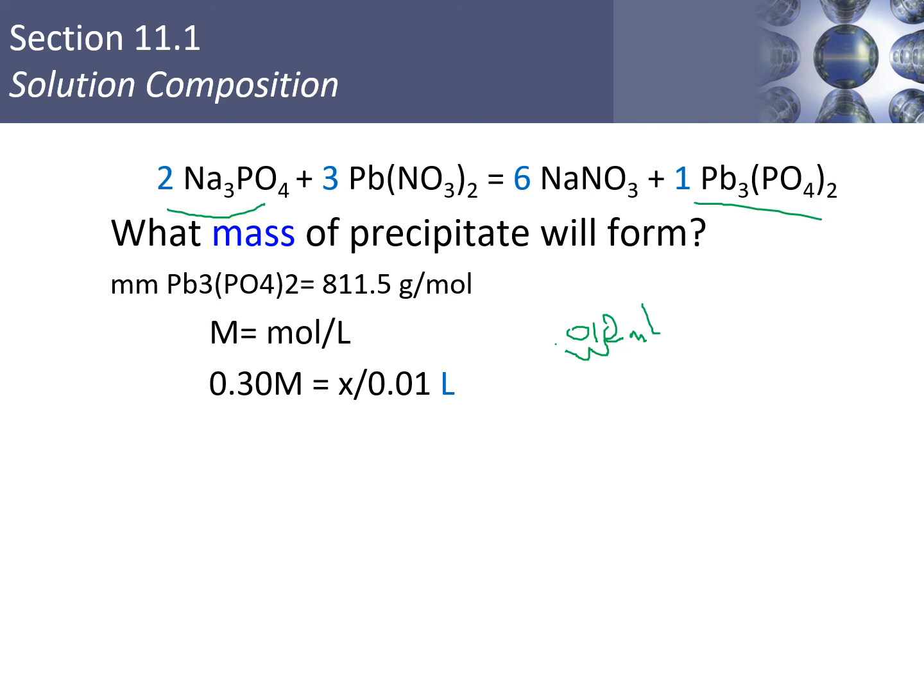So 0.3 equals x divided by 0.01, multiply both sides by 0.01, and we have 0.003 moles of sodium phosphate in the solution. Now that we know moles of sodium phosphate, we can use the molar ratio, and then we can go ahead and plug in our molar mass to get to our final answer. So if you want to go ahead and solve that on your own, give that a little try.